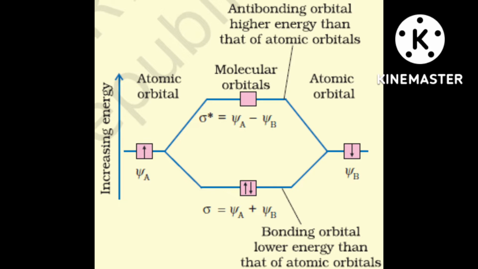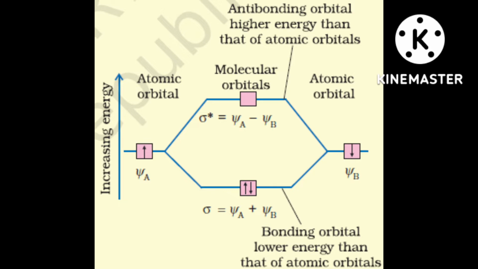Thus an atomic orbital is monocentric while a molecular orbital is polycentric, because in a molecule more than one atom is there.